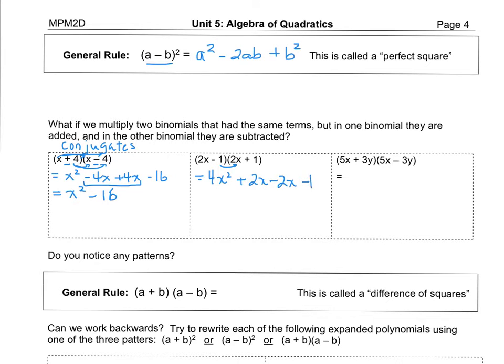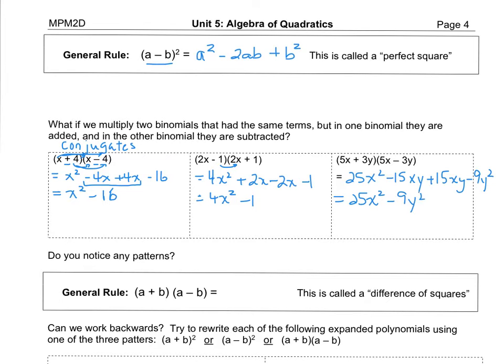That gives us 4x squared minus 1 as our answer. So there's only two terms in our answer this time. On the next one, we're going to get a 25x squared, a minus 15xy, and then a plus 15xy, and then a minus 9y squared, leaves us with an answer of 25x squared minus 9y squared.